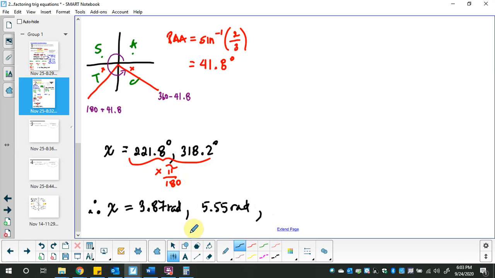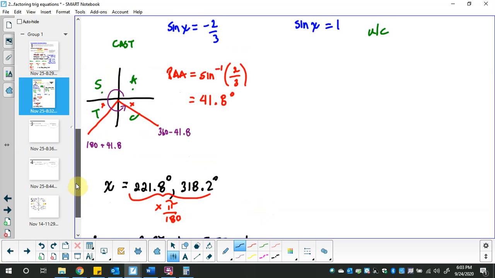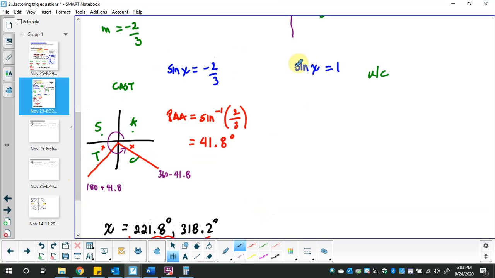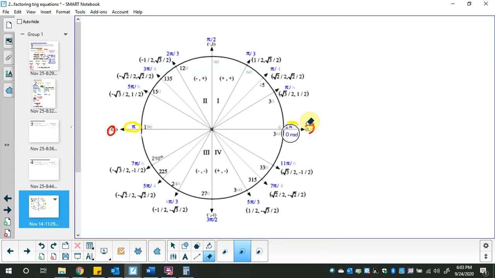Now I am going to add on to that whatever answers I get here on one rotation of the unit circle where sine is equal to 1. So I have to find every place on the unit circle where sine, the second one, is equal to 1. And that's not it, that's -1. So it's here.